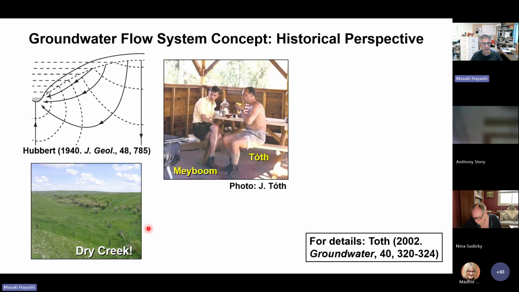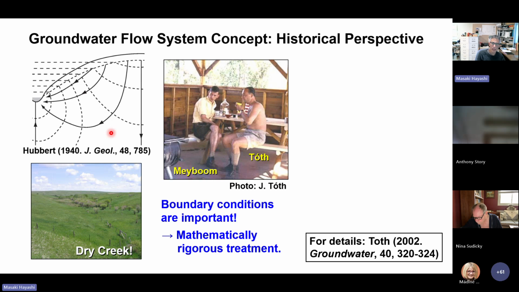There's a dry creek, so there's no point sink of water where all the groundwater is converging to the creek bed. So he thought about it long and hard, and according to Joseph, there was an epiphany one day when Peter and Joseph were camping during the field work.